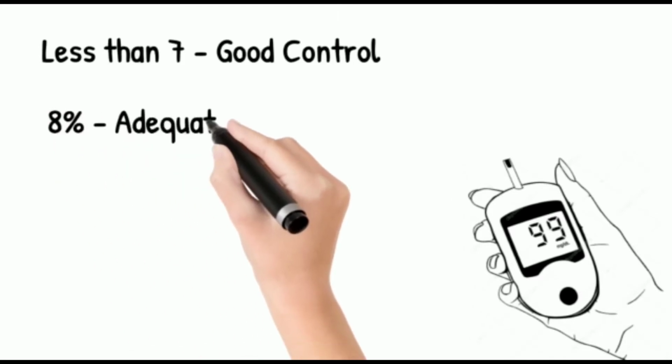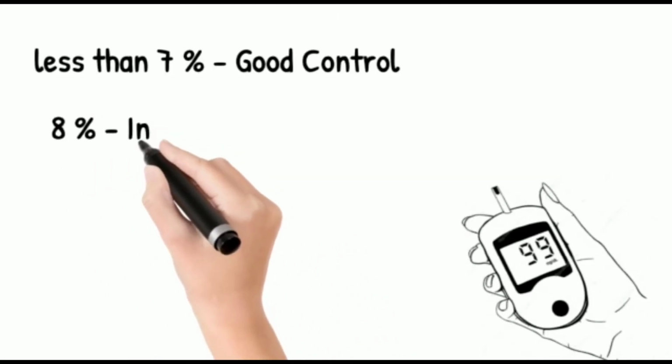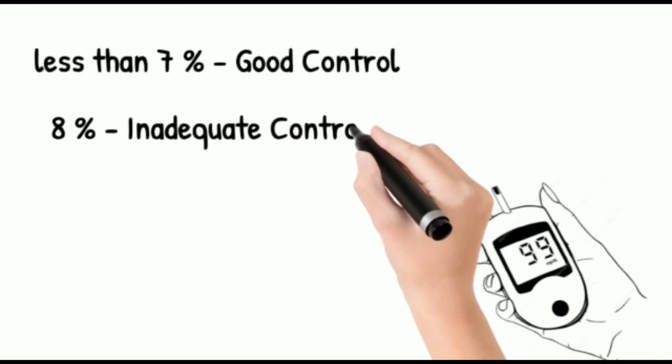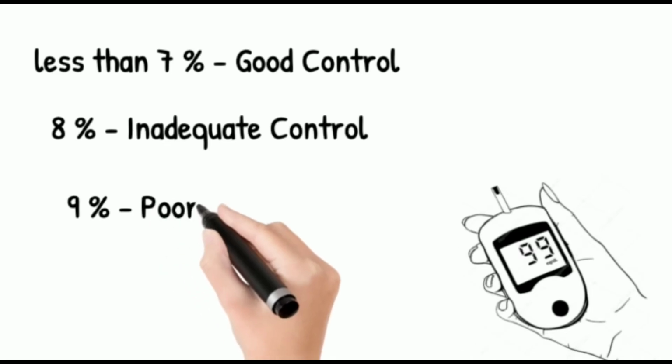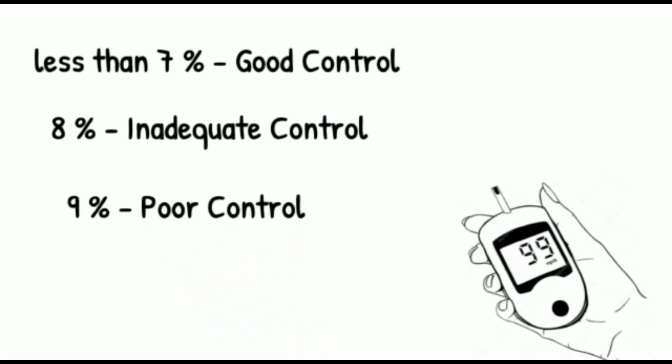If the HbA1c levels are 8%, it shows inadequate control; the person is not controlling their sugar levels effectively. If the HbA1c levels are 9%, it shows poor control, that the person is neglecting the diabetes and is not controlling the sugar levels.